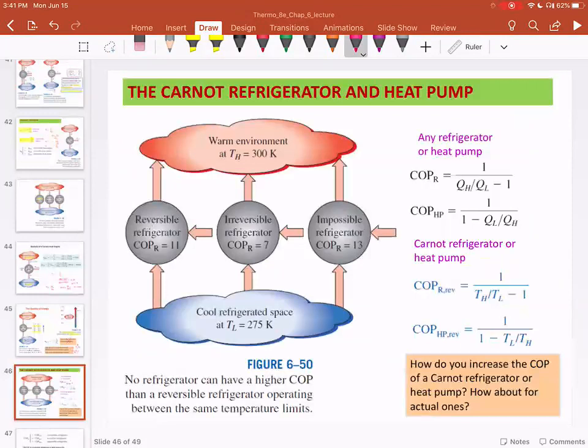Now the next natural extension is clearly the Carnot refrigerator and heat pump. The concepts that we discussed so far can be applied in a straightforward fashion in a Carnot refrigerator.